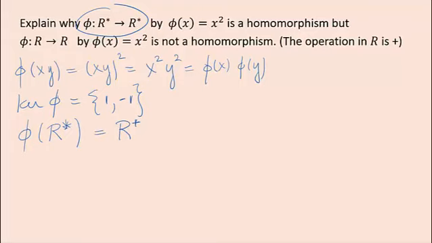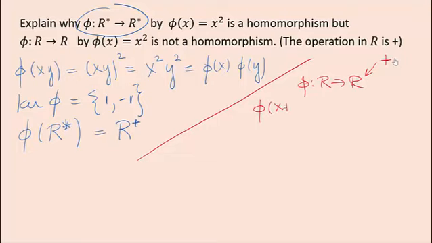Now the other example of phi, I should have called it something else: if phi is mapping R to R, and now you know that the operation is addition in just the real numbers, it is not a homomorphism. Well, it's easy to see why not.